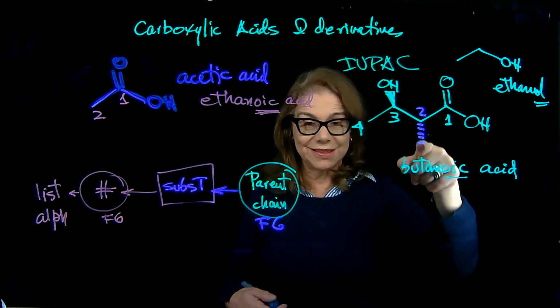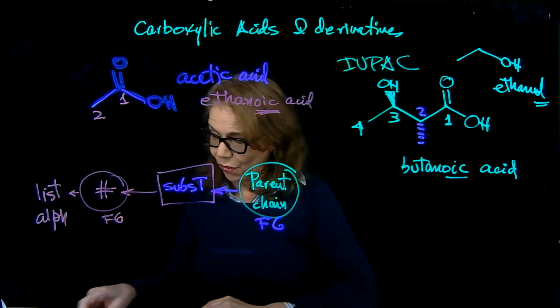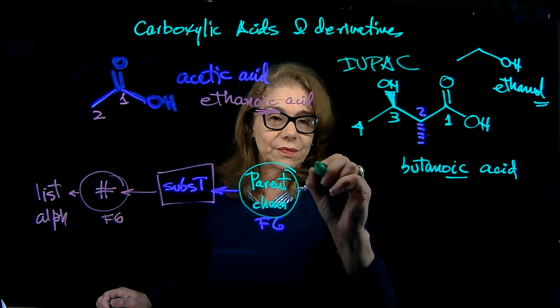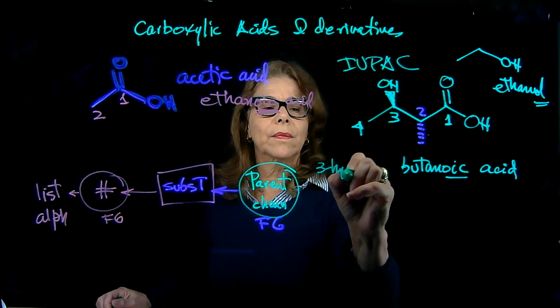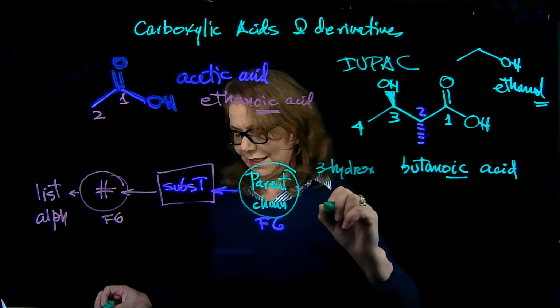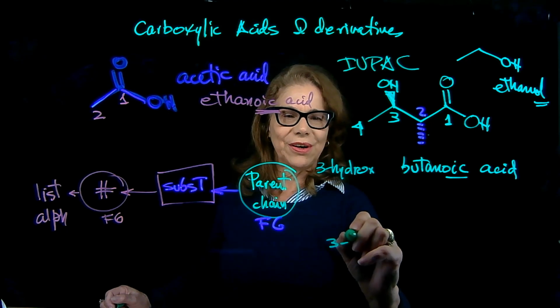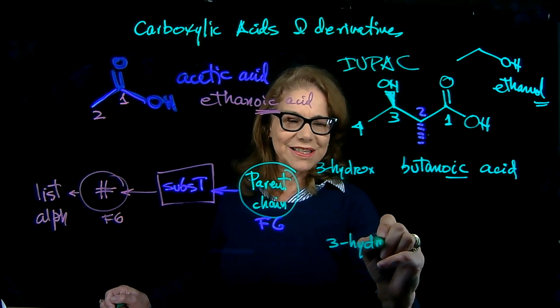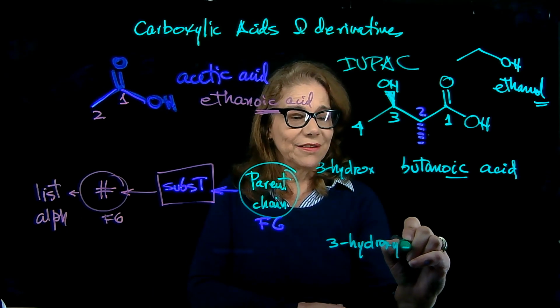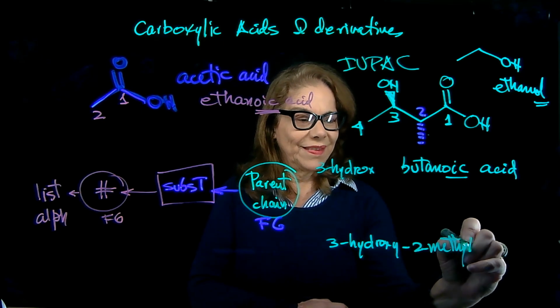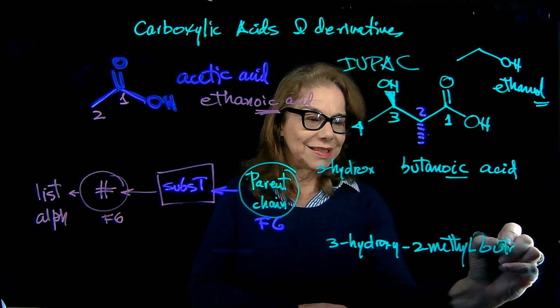So hydroxy goes before methyl. I'm going to say for the name that this is 3-hydroxy, and I don't have room, so I'm going to start copying it down here. 3-hydroxy, and then 2-methyl butanoic acid.